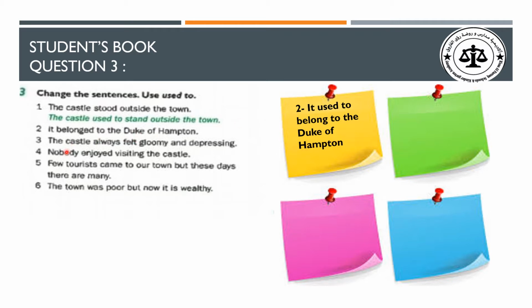Number 3. The castle always felt gloomy and depressing. Let's change the verb felt. What's the infinitive verb of felt? This is feel. So the castle always used to feel gloomy and depressing.